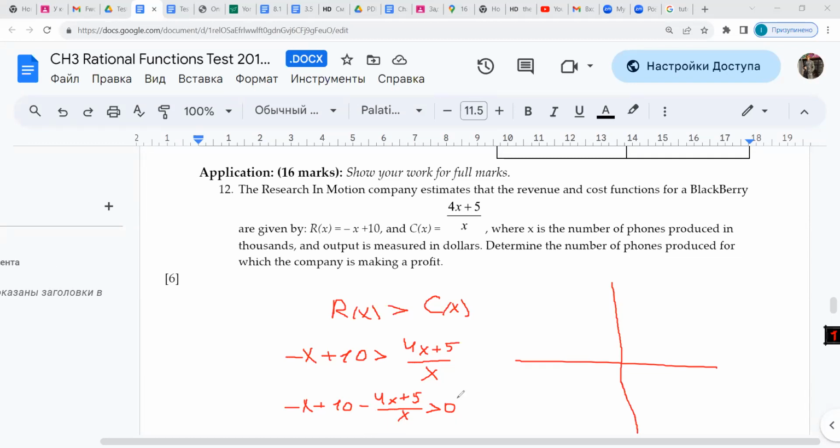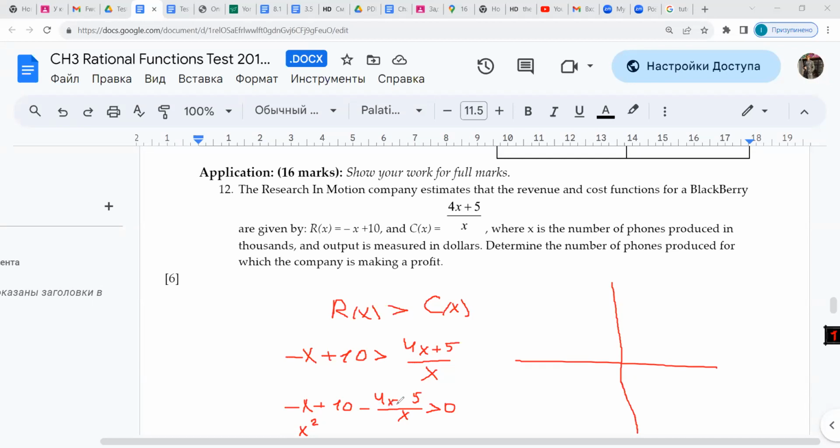I would multiply the left and right hand sides by x, so I would get -x squared. Now, let's multiply it by -1 in order to get rid of the minus. Multiplying by a negative would also change the inequality sign to the opposite one.